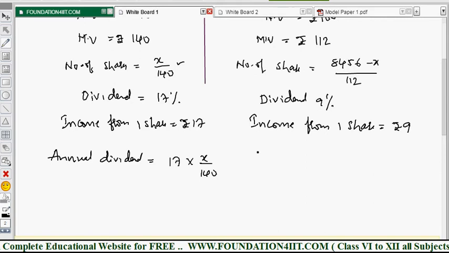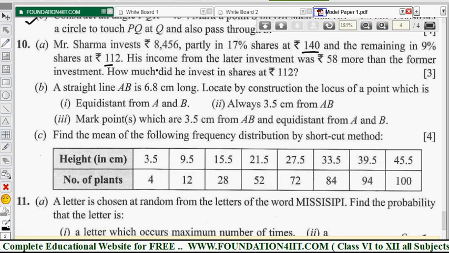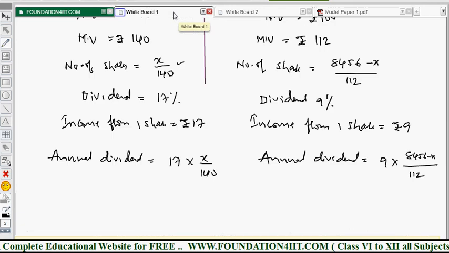And in this case the annual dividend is 9 into the number of shares, 8456 minus X by 112. Now the condition as per the question is that the difference is 58. His income from the later investment is 58 rupees more than the previous investment. That means the difference of these two is 58.